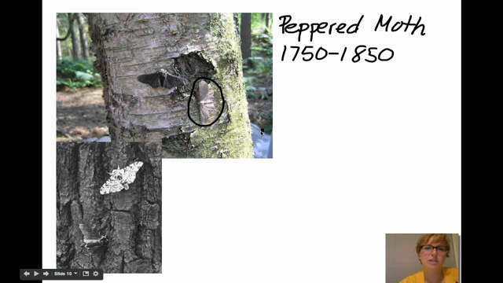So, as you can imagine, if you're a bird, your eye is going to be drawn more to this. This guy's kind of like a big, blinky, eat me sign, right? Because he stands out like crazy against this light colored bark. And the light colored moth is hanging out, essentially camouflaged.